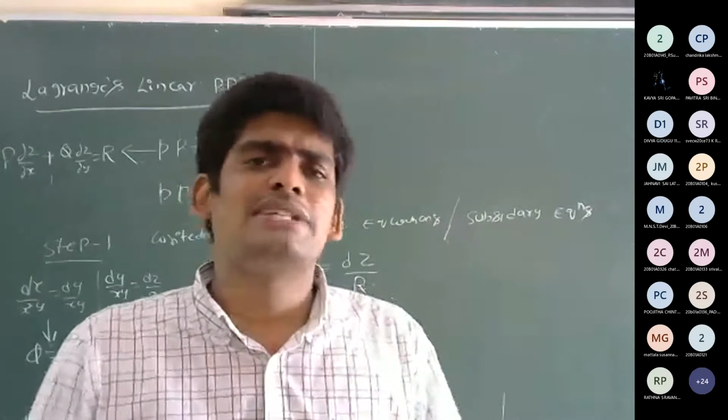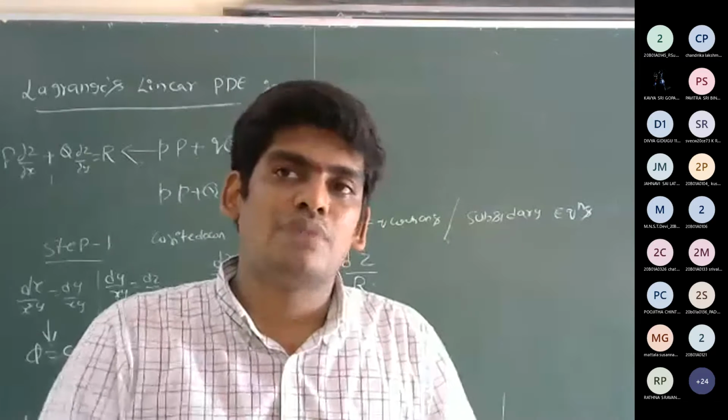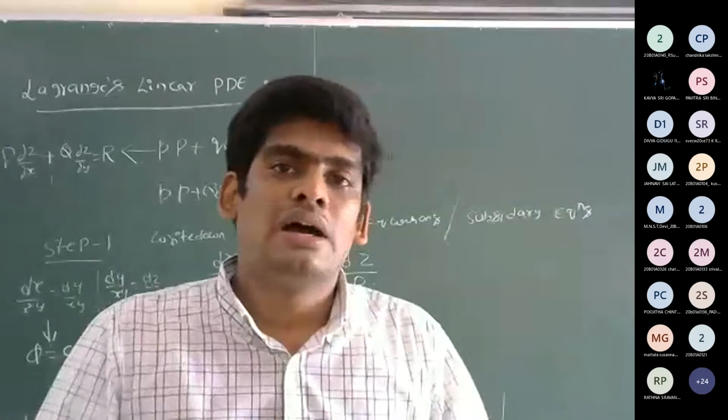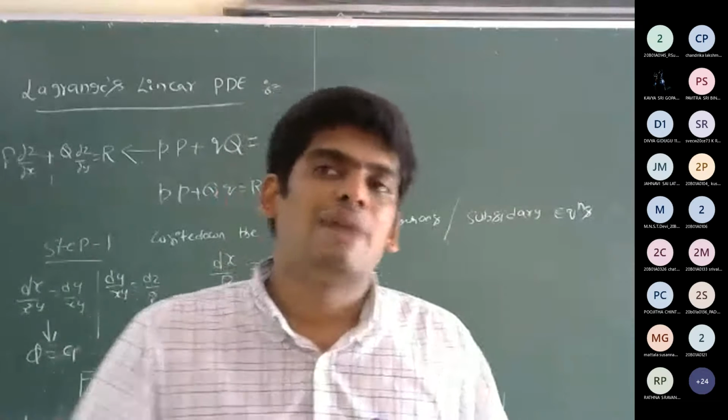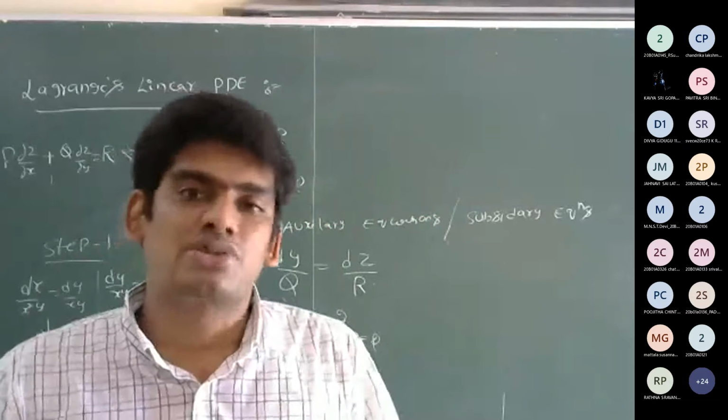Method of grouping is very simple. We just take two terms, and it looks like the variable separable method, and we apply integration on both sides, then we will get the solution. That is one solution.